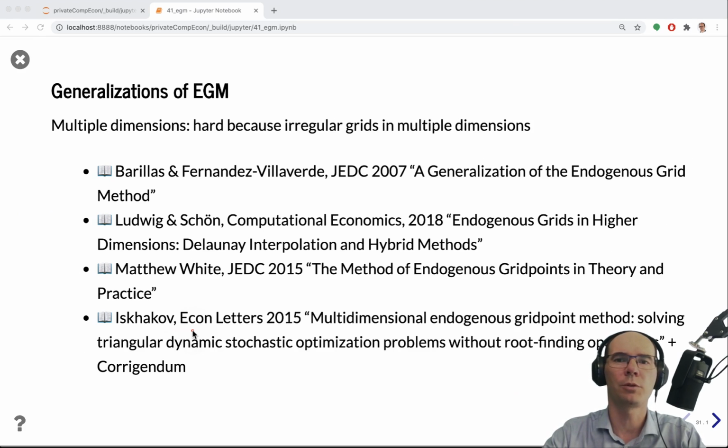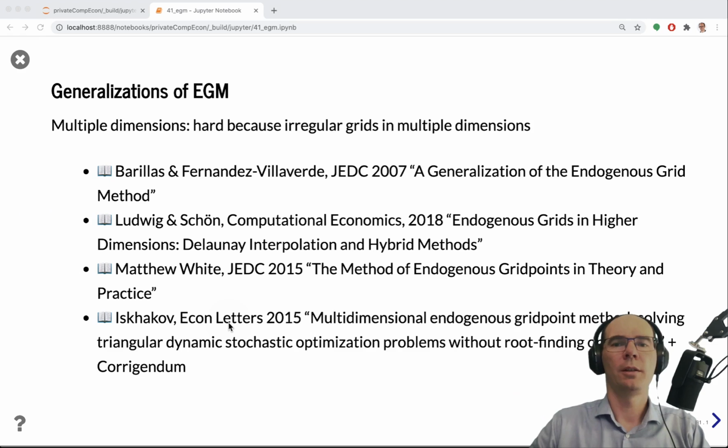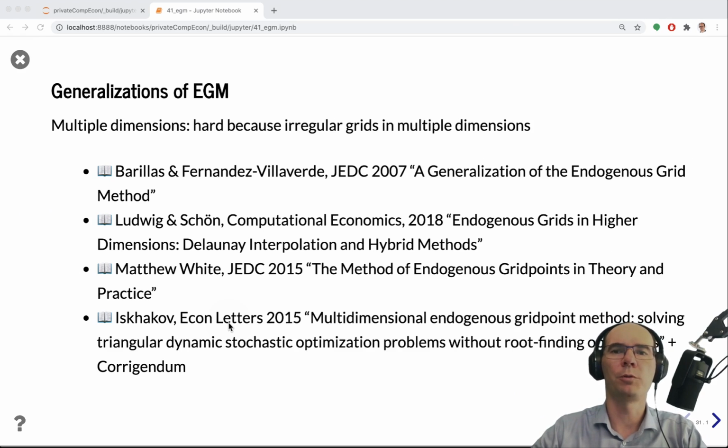Imagine that you have different assets, not only wealth, but for example, health or human capital that you can accumulate and decumulate in the same manner as you decumulate wealth by consuming parts of it. And then this paper here contains the conditions for such a multidimensional problem to be solvable by a very straightforward generalization of EGM to multiple dimensions.